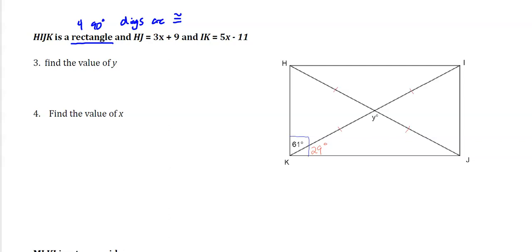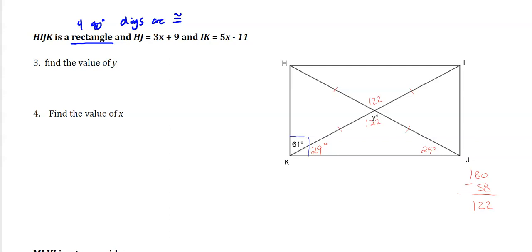So I have an isosceles triangle. So down here on the bottom, that means this other base angle is going to be 29, which should allow me to find y, because 29 and 29 are 58. And when I subtract from 180, that gives me 122. So y is 122 degrees, vertical angles.